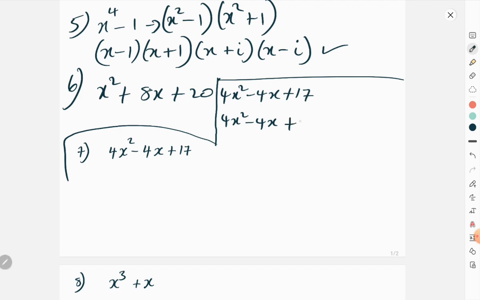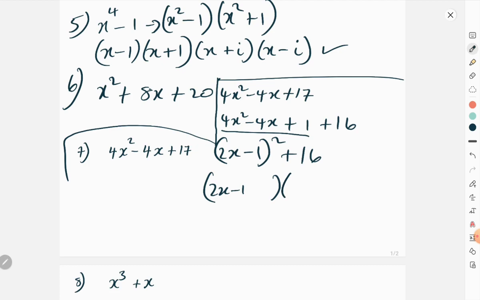So if we have 1 here then plus 16 here, this can be factorized into a perfect square, like having 2x minus 1 and 2x minus 1. These are the factors of the first three terms, so we can now have that squared plus 16. Now we can factorize this to have 2x minus 1, then 2x minus 1 again.